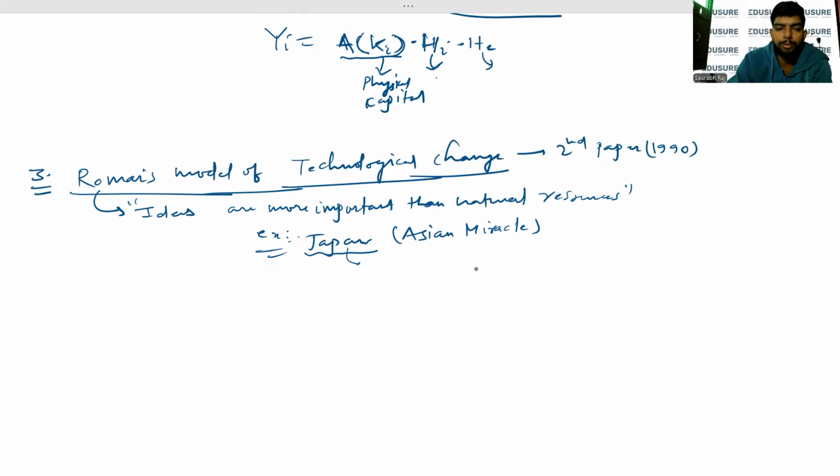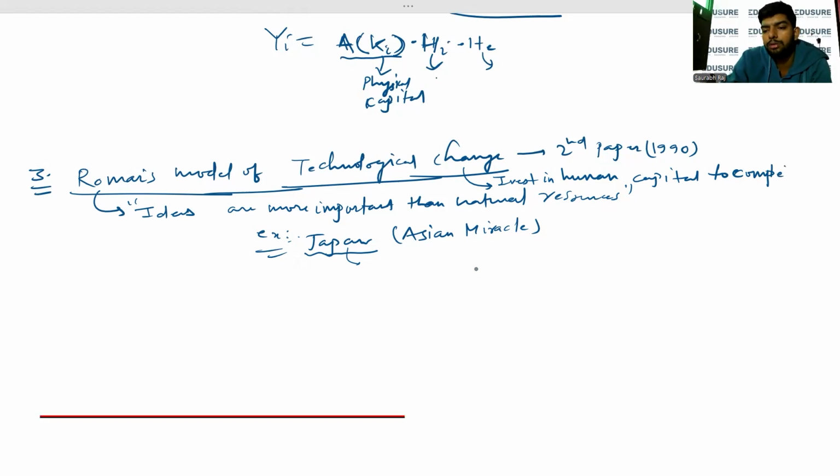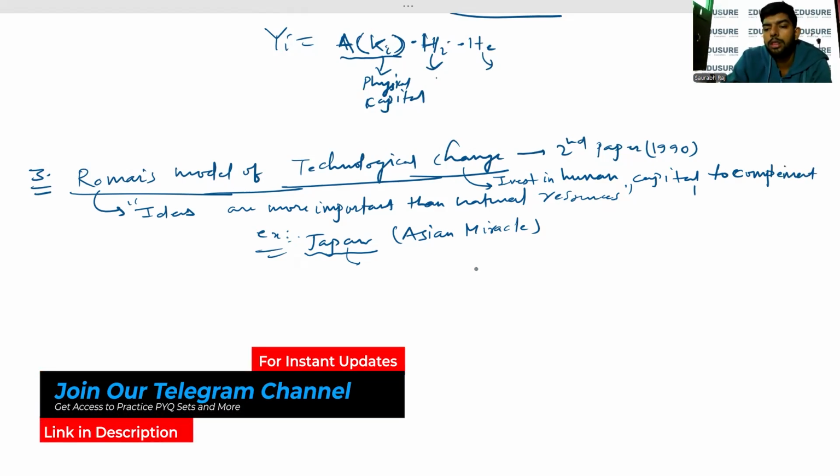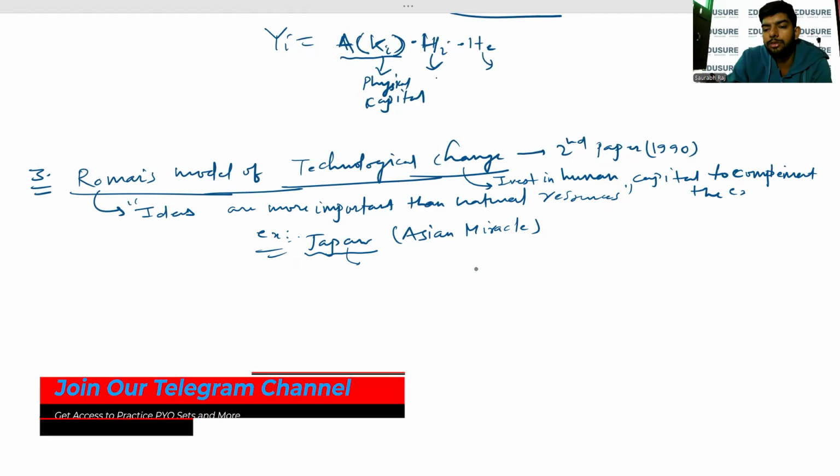So this proves Romer's model is true, because Romer's model says to invest in human capital to complement the existing knowledge, which was being done by Japan in the past.